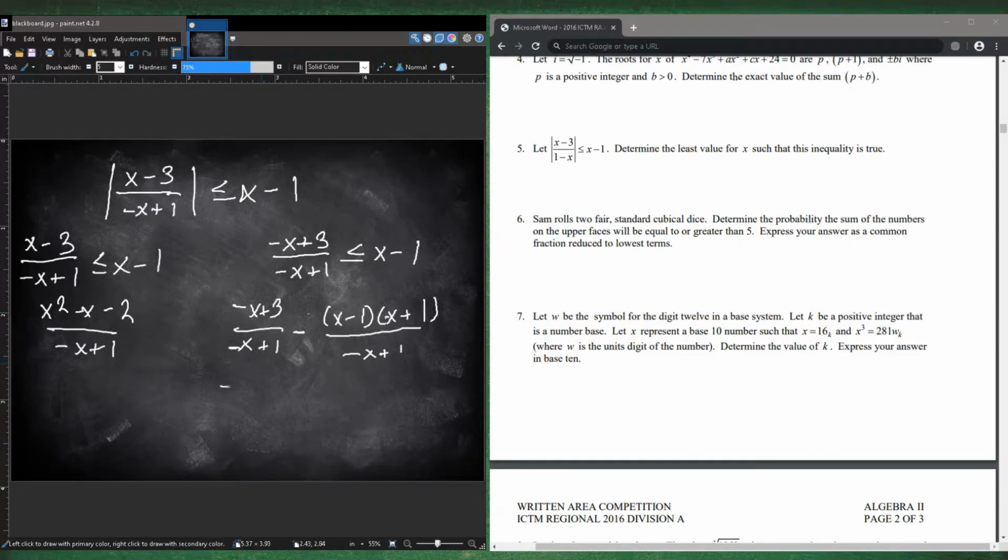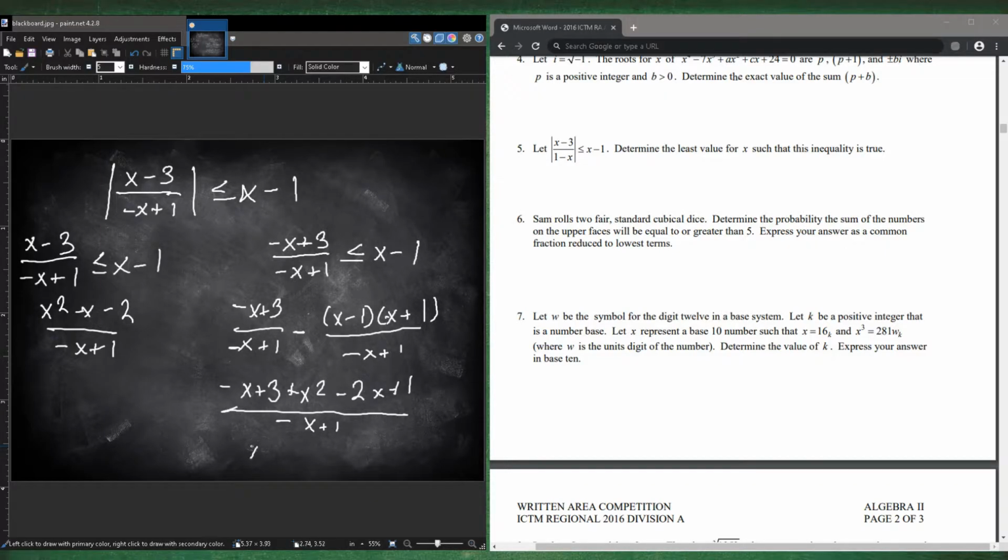So this will be equal to negative x plus 3 minus, so x times negative x is negative x squared, and minus times negative is plus x squared, plus x, that's plus 2x, and minus 2x. And then negative 1 times 1 is negative 1, times negative is plus 1, all over negative x plus 1.